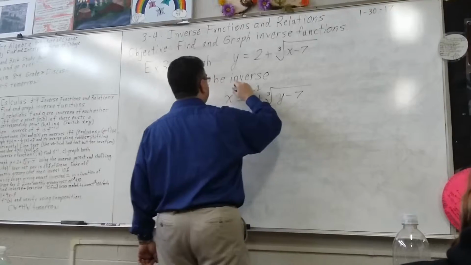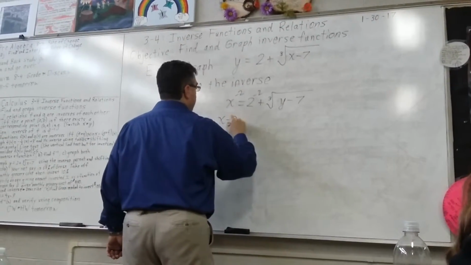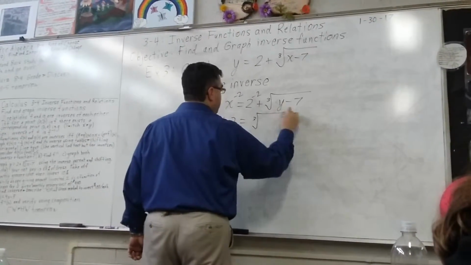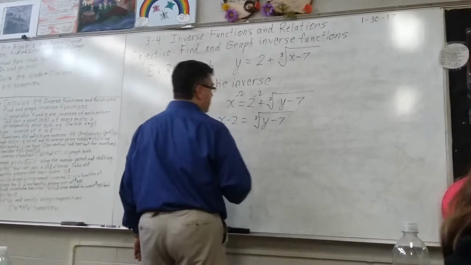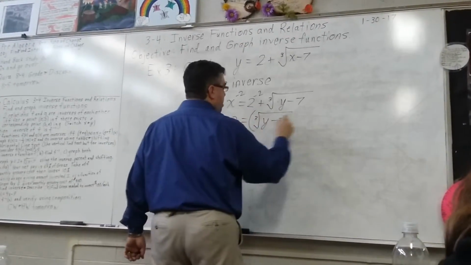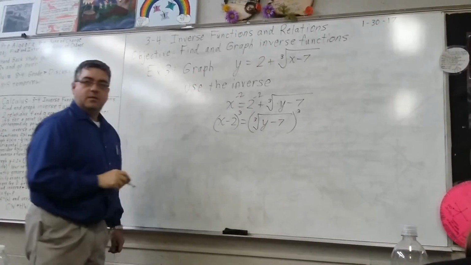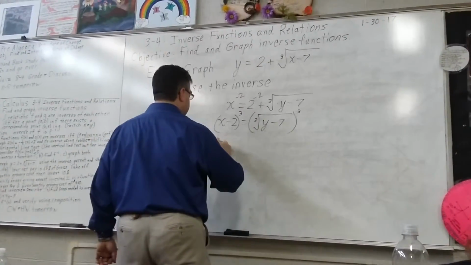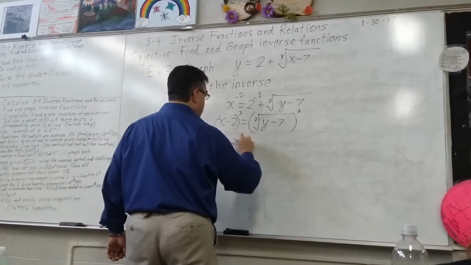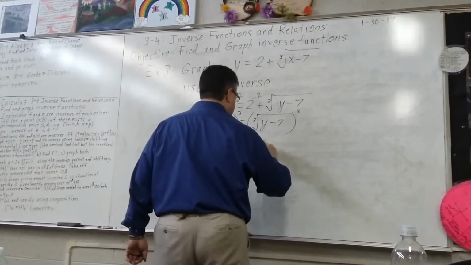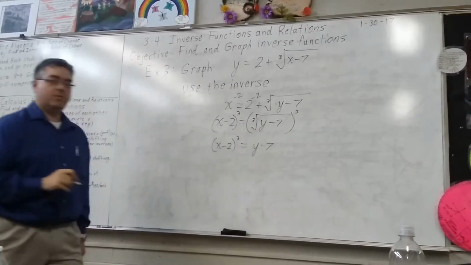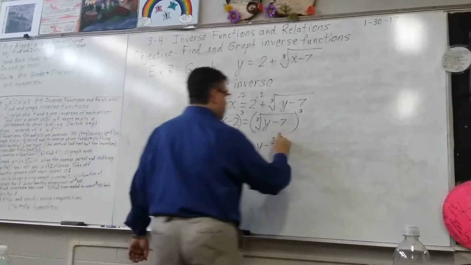Let's subtract 2 on both sides. x minus 2 equals the cube root of y minus 7. And then we will cube each side. So that's x minus 2 cubed equals just y minus 7 now. And then we'll add 7.